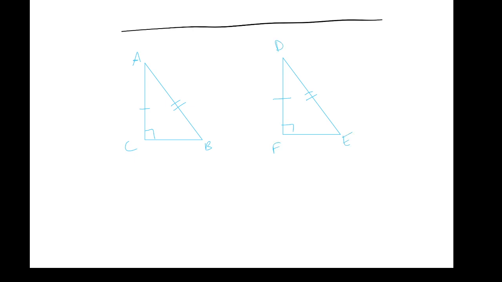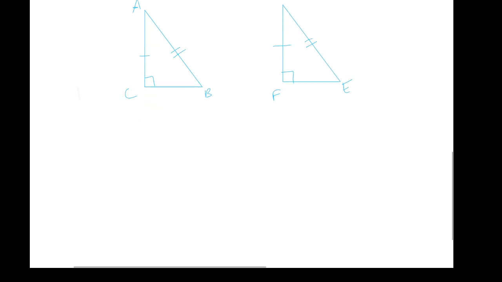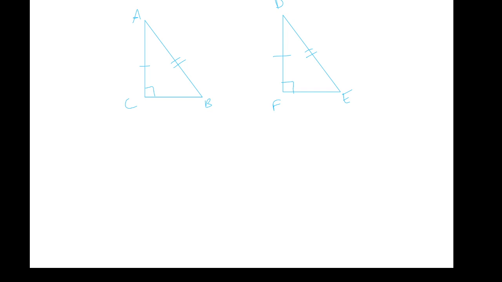These two triangles actually are congruent, but it doesn't look like we have a sufficient amount of information to establish that, because we don't have side, side, side, and we don't have side, angle, side. Even though we have two sides and an angle, this angle is not included. Technically, we have angle, side, side. That's problematic.